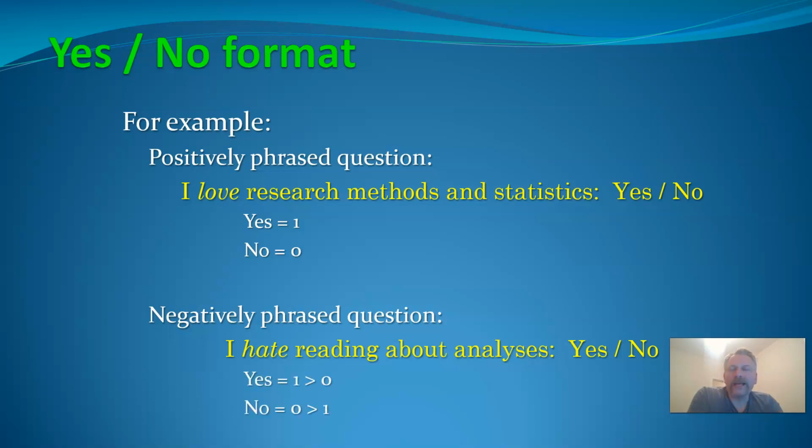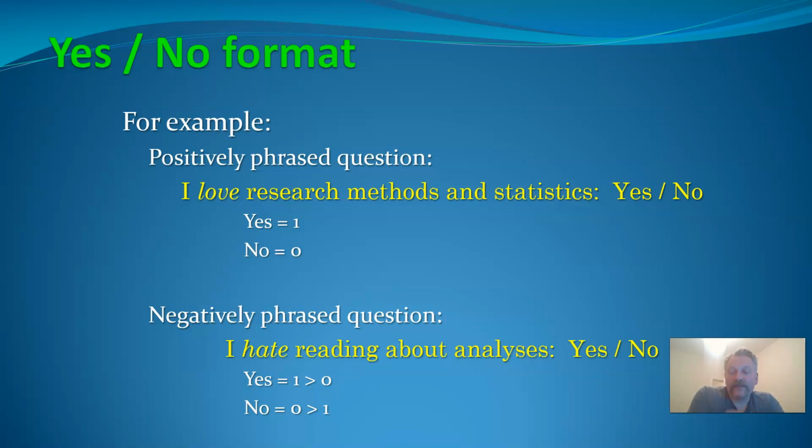So we can't stick with the yes being worth a 1. It needs to change. No can't be a 0. That needs to change as well. So if we reverse the phrasing of the question, we also need to reverse the scoring key as well.